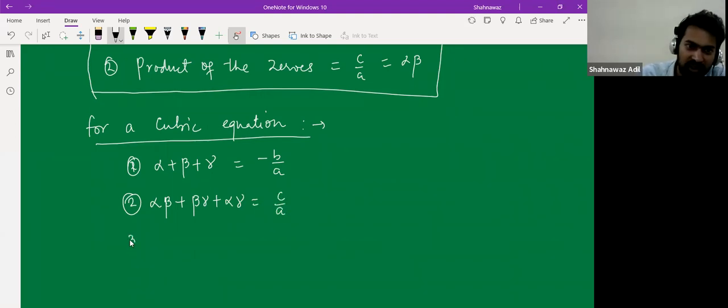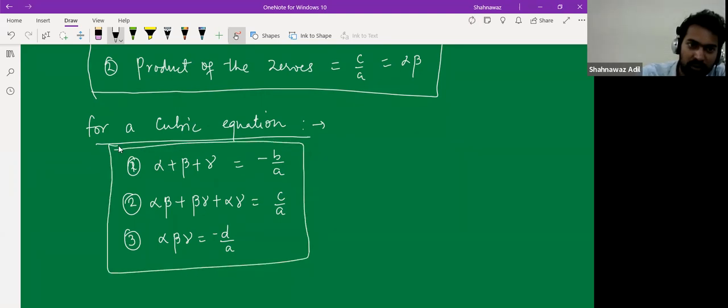And the third one is the product of the roots, which is minus d by a. So the signs alternate: negative, positive, and negative.